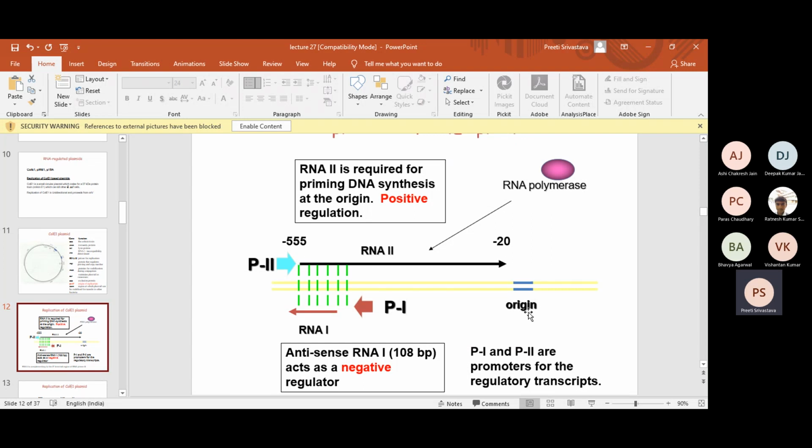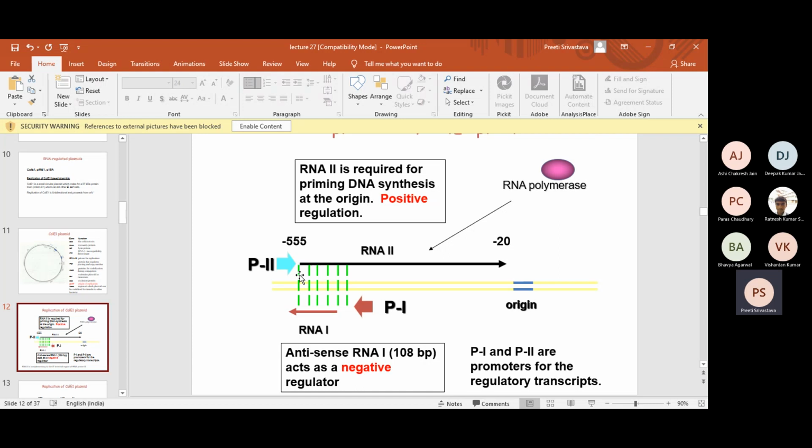Just upstream of this origin of replication, there is a promoter called P2. This P2 promoter transcribes an RNA called RNA2. I think the class at least knows that promoters can make RNA, and we discussed in some of the initial classes that there are many genes which exist as RNA and some which can be translated to proteins.